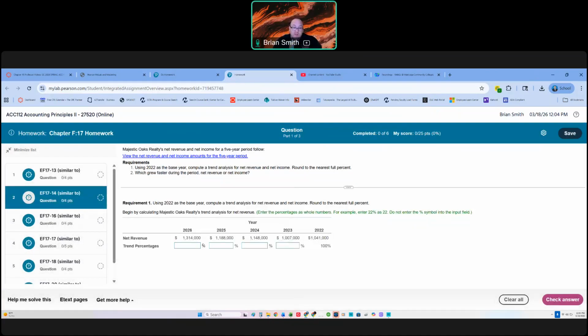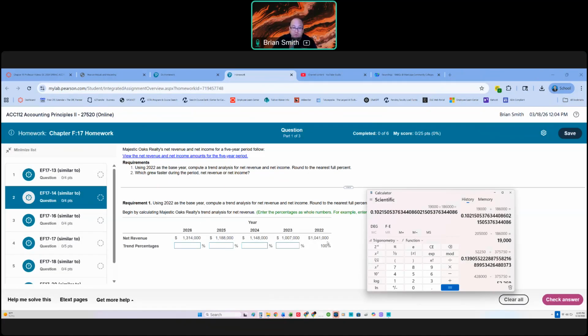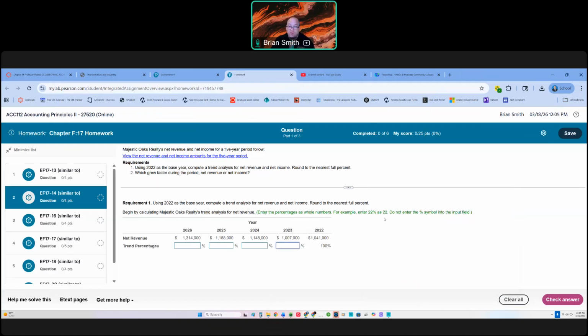This is our trend analysis. We're looking at a base year of 2022, so what change percent based on that is what we're looking for. I'll do a couple of these. I'll do 2023 since it went down. 1,007,000 divided by 1,041,123, so it's 96.7%.